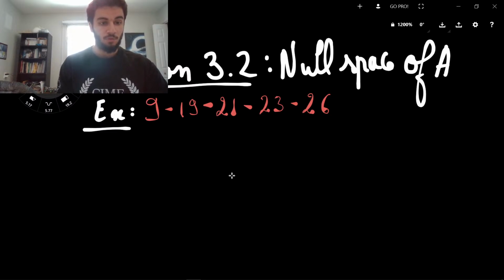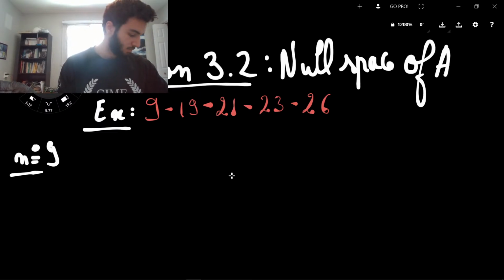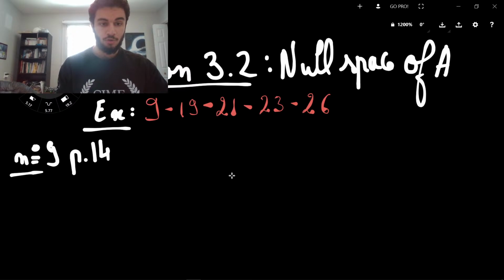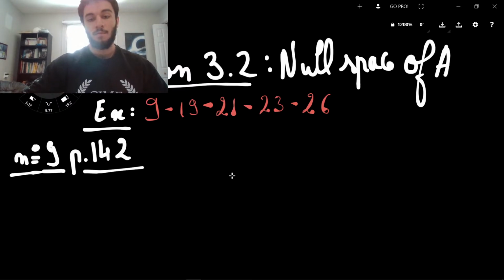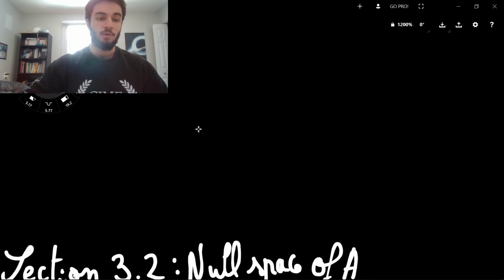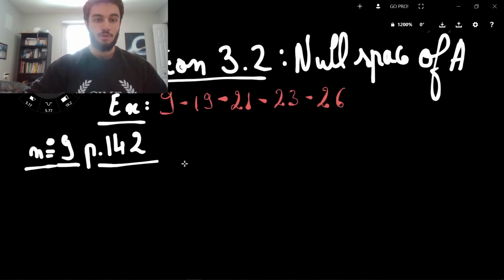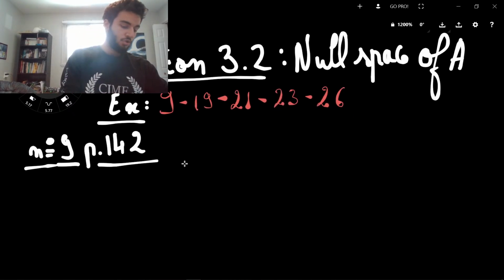So let's start with number 9. This is going to be page 142 of the book. Well, I wrote the book previously, but it's basically Introduction to Linear Algebra by Gilbert Strang.